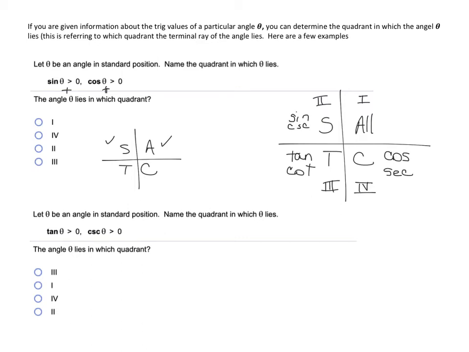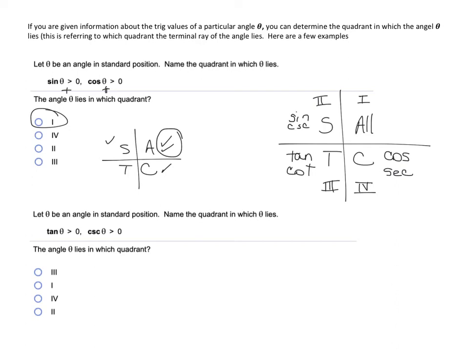We come down again. Cosine is positive in quadrant 1, because that's all, and in quadrant 4. So I've checked both of them. Theta has to satisfy both of these situations, so obviously the one with the 2 check marks is the quadrant where theta has to lie. So the answer for this one would be quadrant 1.